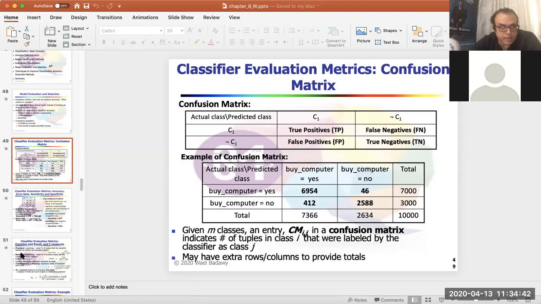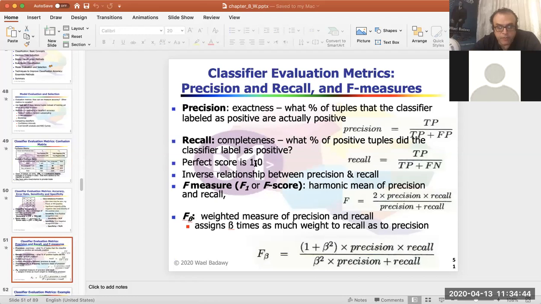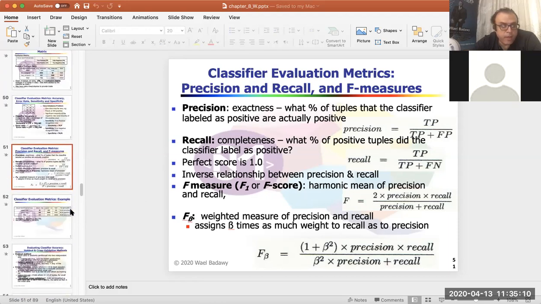As I said, a perfect score is equal to 1. The F measure is the harmonic mean of precision and recall, which is equal to 2 times precision times recall over precision plus recall. The F beta, a weighted measure, is 1 plus beta squared times precision times recall, over beta squared times precision plus recall. These are the definitions you have.